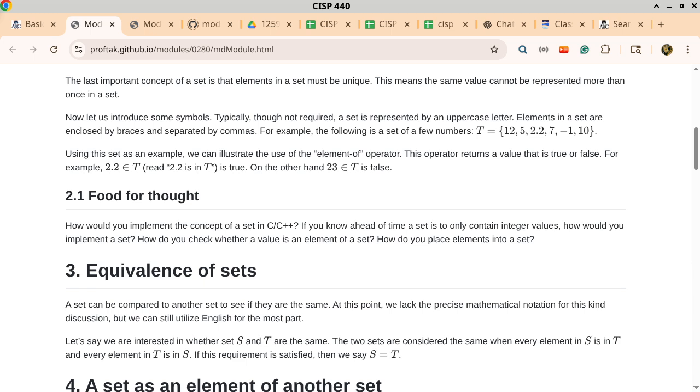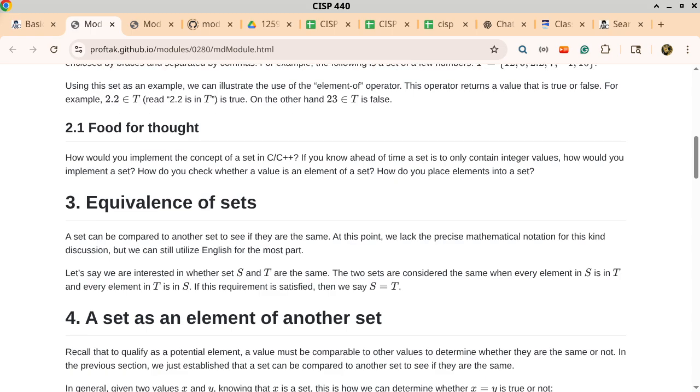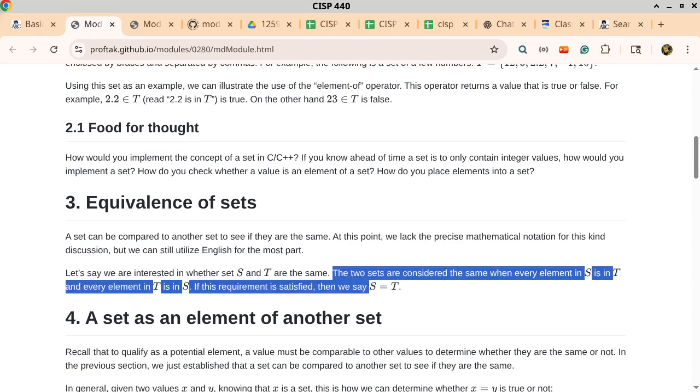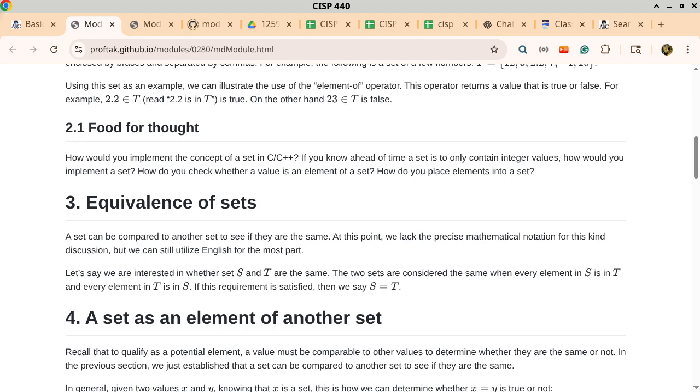So now we'll talk about the equivalency of sets. In other words, if I give you two sets, how can you know whether they are the same or not? Or how do we describe that they are the same or not? Right here, this is why it is not my preferred way of saying things, because it is just a verbal description of what it means when I say set S and set T are the same.